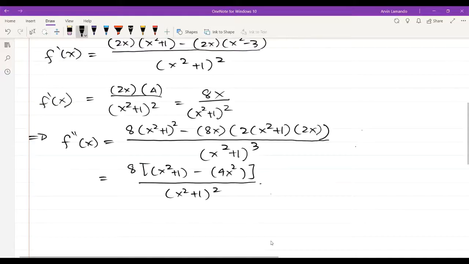So this is equal to negative 8 times 3x squared minus 1 all over x squared plus 1 cubed.